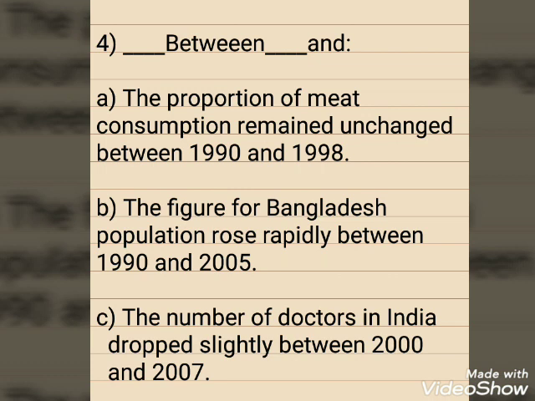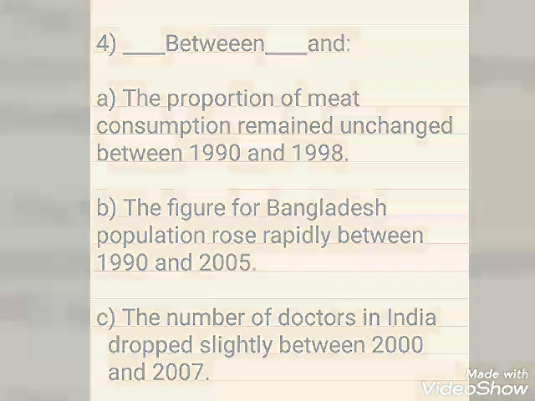Second sentence, the figure for Bangladesh's population rose rapidly between 1990 and 2005. Next sentence, the number of doctors in India dropped slightly between 2000 and 2007. With the use of between and and, you can make the structure like this.